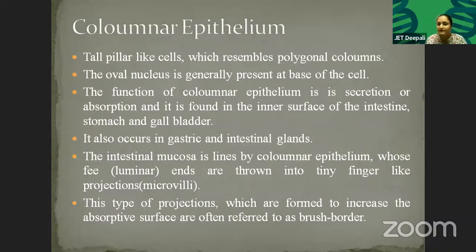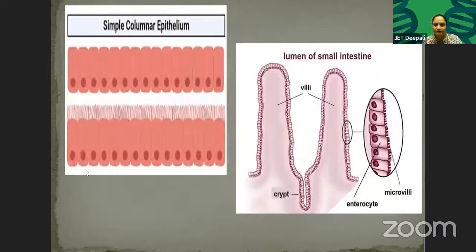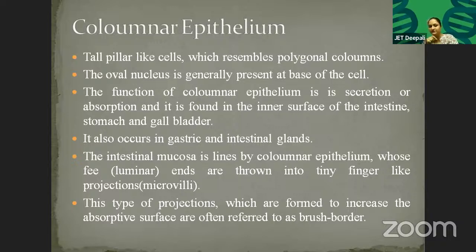The intestinal mucosa is lined by columnar epithelium whose free ends are thrown into tiny finger-like projections, meaning microvilli. I will show you with the help of a diagram. Intestinal mucosa means the intestine's inner lining is lined by columnar epithelium whose free ends are thrown into tiny finger-like projections called microvilli.